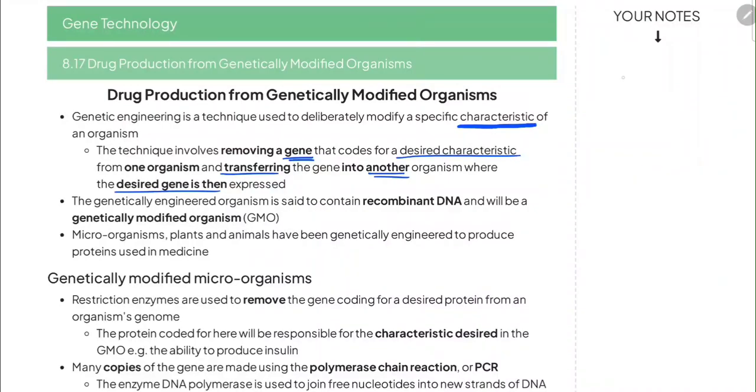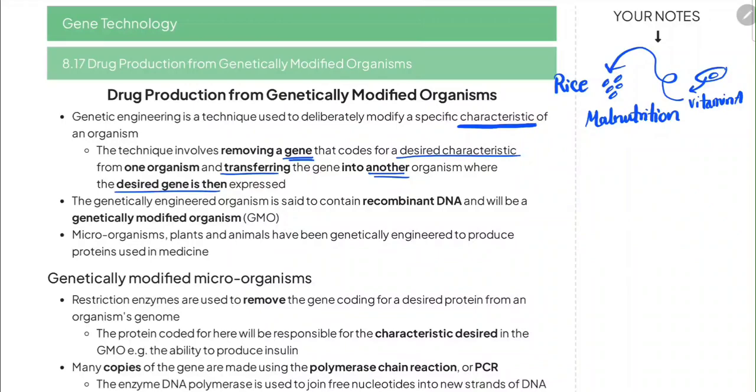For example, we have some rice whose nutrients are very limited, and it's going to cause malnutrition for people living in the area where this rice grows. So I'm going to get some bacteria that has a gene coding for vitamin A, and I'm going to pass this gene into this suitable rice, so that this rice is going to prevent malnutrition.